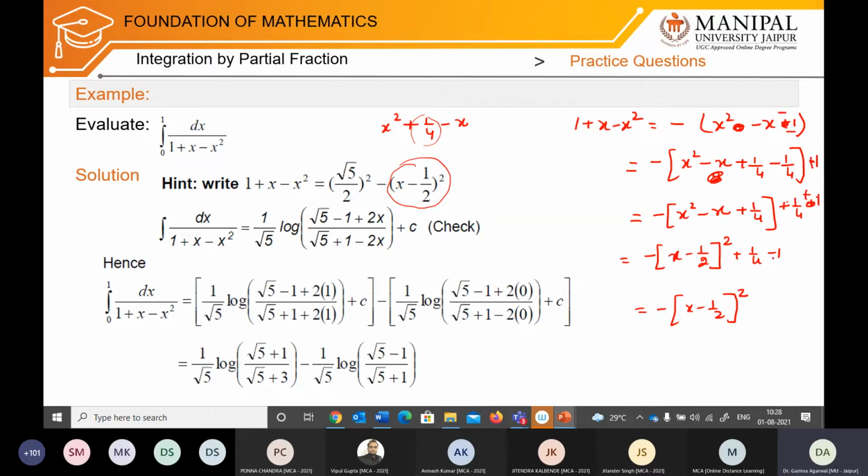Now it will be plus, so 5 by 4, or we can write it as x minus 1 by 2 square and root 5 by 2 square. So in that manner we can convert this into a whole square, right?